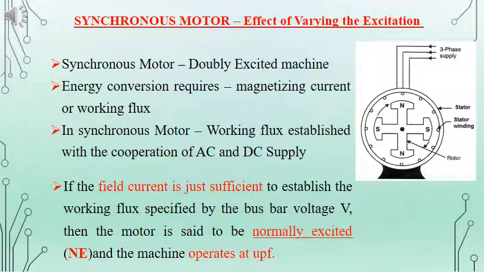In a synchronous motor, there is a DC excitation given to the rotor side and it produces north and south poles alternately. And on the stator side, there is an AC excitation given, and since it is a polyphase or three-phase supply, it produces a rotating magnetic field.